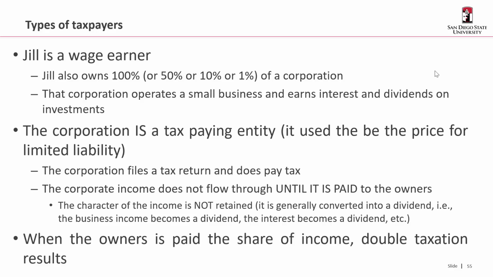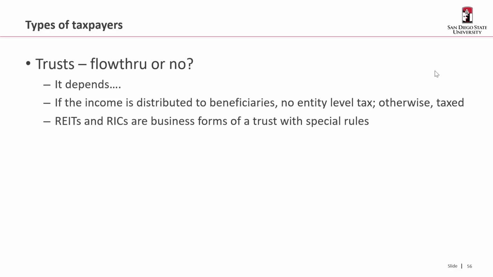But if the corporation earns interest, it's paid out as a dividend. If the corporation earns ordinary business income, it's paid out as a dividend. If it earns capital gains, it's paid out as a dividend. The result is when the owners are paid their share of income, double taxation results in the corporate form.